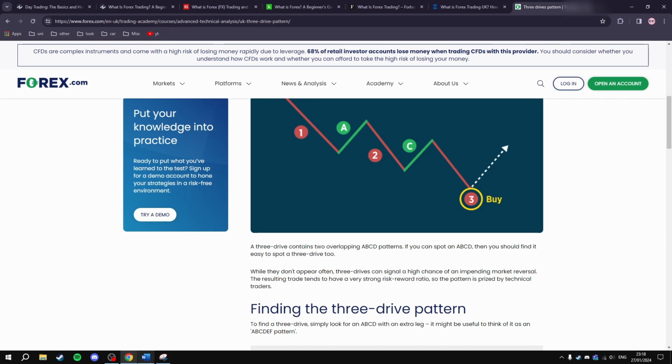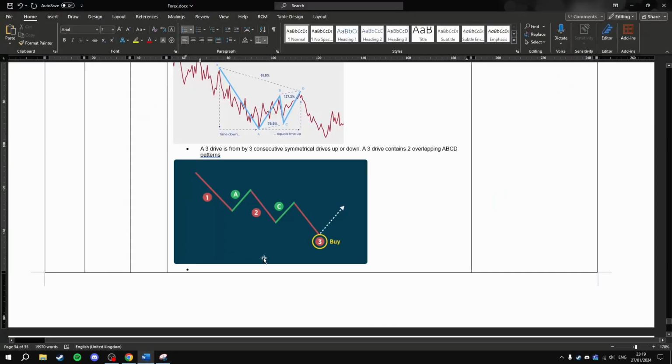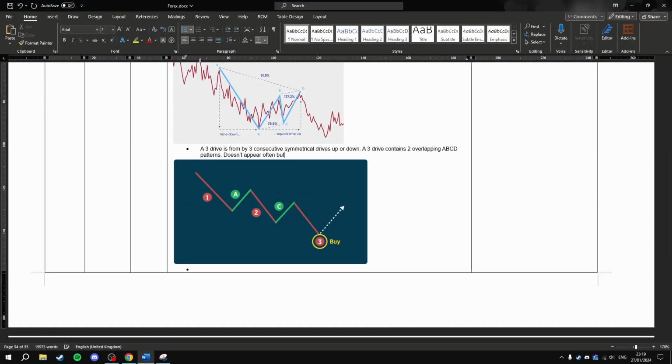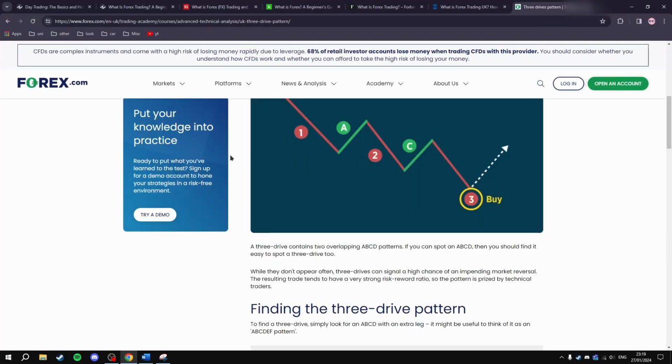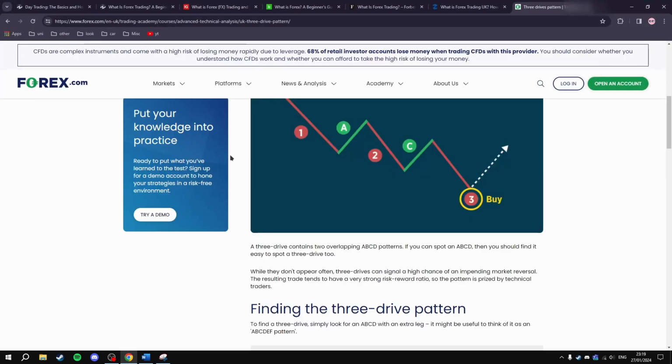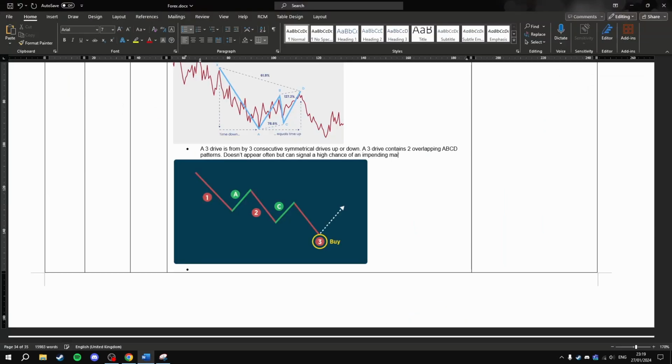Whilst they don't appear often, but can signal a high chance of an impending market reversal.